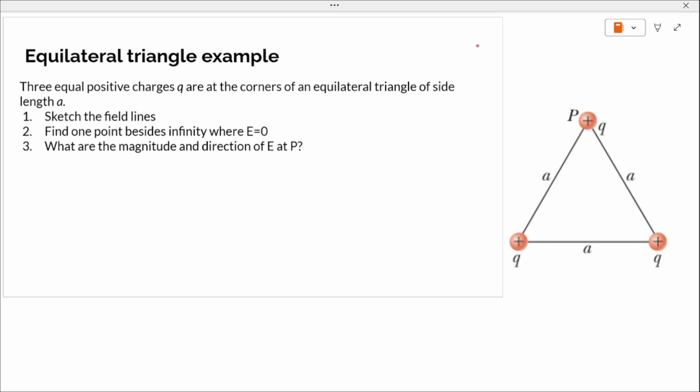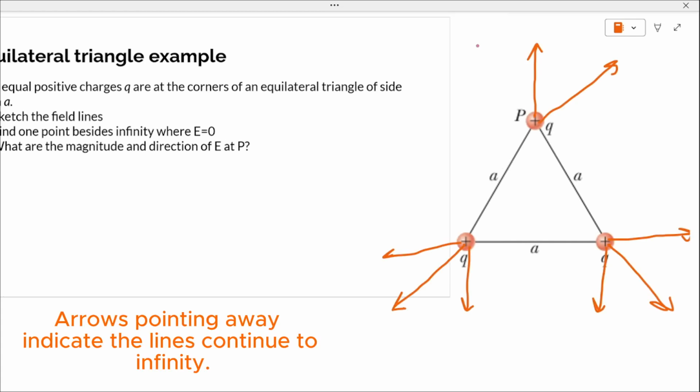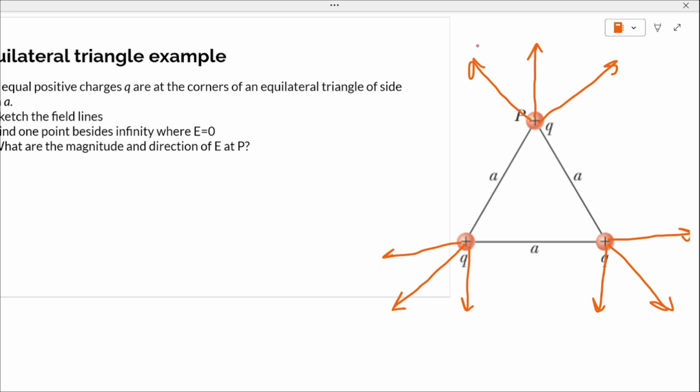Since there are all positive charges here, we know that none of the lines are going to terminate and they all extend towards infinity. So we begin with the easy lines, which will be on the corners of the triangle. All right, now a trickier set of lines to draw would be the ones on the inside of the triangle. And so what do we have here? Well, let's start with the left charge.